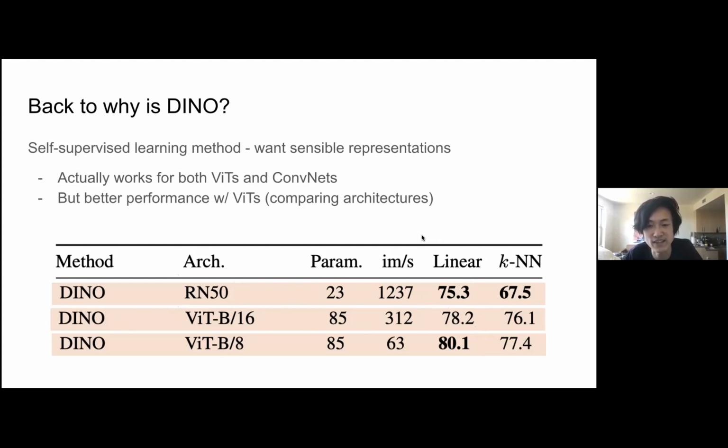You pre-train on the images in the ImageNet data set without any labels. Then when you evaluate the embeddings, you do the standard linear thing where you freeze the architecture, put an NLP on top, and fine-tune that based on the embeddings to see how well you can do on classification. They also do this interesting K nearest neighbors classification approach.